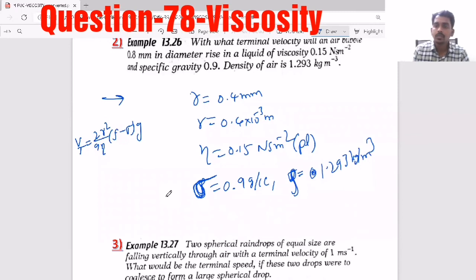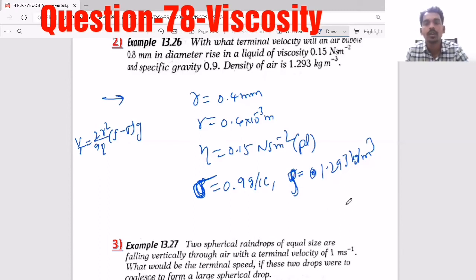When we took the formula, there a solid was the one moving, having terminal velocity, with sigma and rho as densities, and sigma is the density of the medium in which it is traveling. Here the medium is liquid, the same. Sigma is 0.9. But the one which is moving is not the solid one, that is air, a gas.